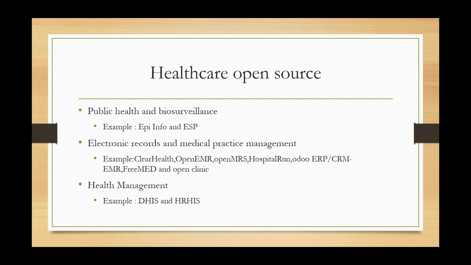So EpiInfo is a statistical software for epidemiology, and it is developed by the Centers for Disease Control and Prevention, and this center is found in Atlanta, Georgia. We have ESP, we'll be explaining about it.